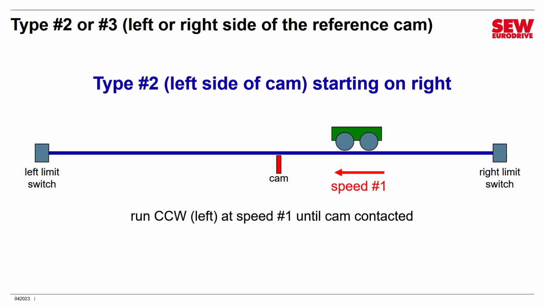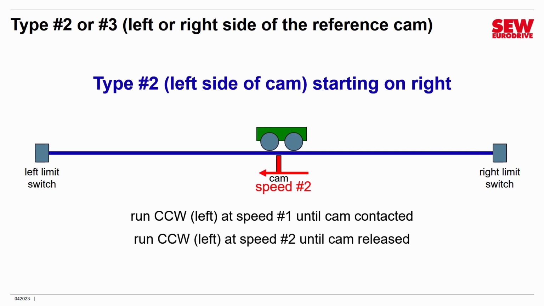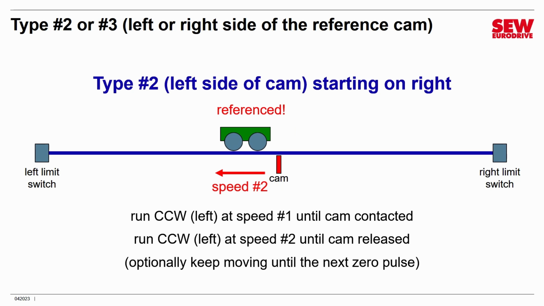So you move counterclockwise at the higher speed until you touch the cam, then you slow down and you keep moving counterclockwise just until you come off the cam, and then you say you're referenced. And this one does support the optional 0 pulse, so if you enable that, it will keep going just until the next 0 pulse occurs. If you were doing type 3, you would be on the other side of the cam when you're done, and you would have traveled in the other direction.